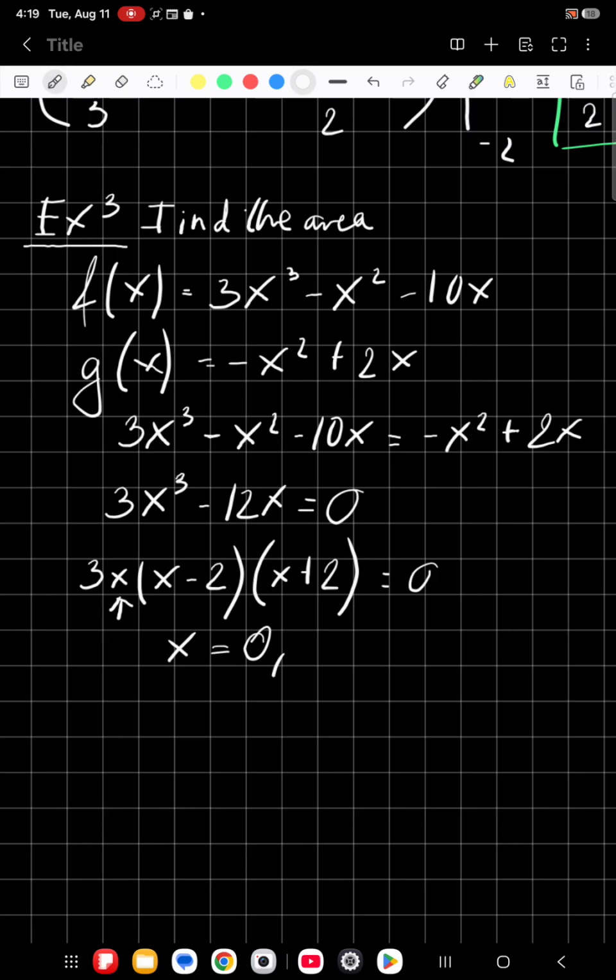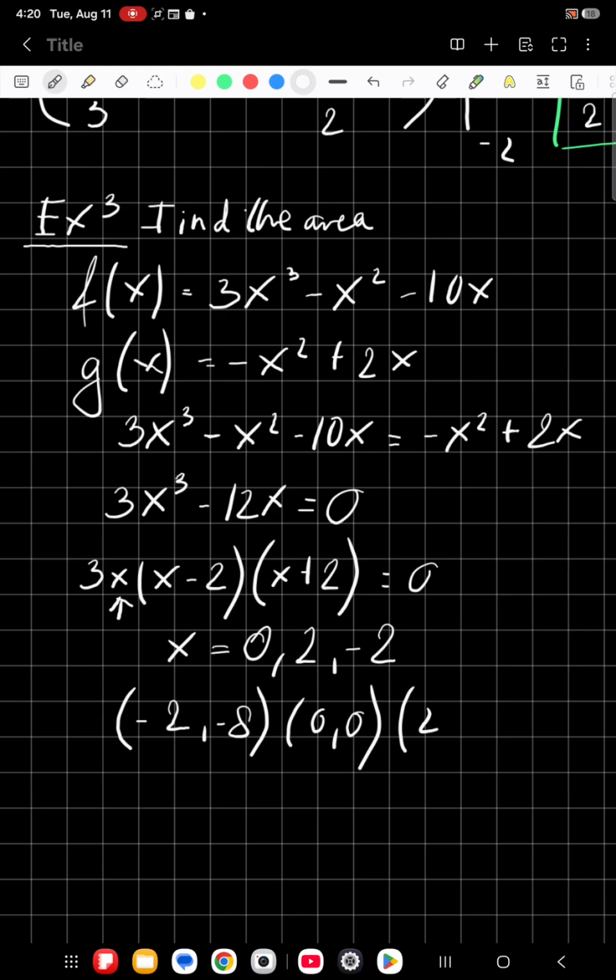So the x values are 0, 2, negative 2. Then I calculate the y values. So the points are negative 2, negative 8; then 0, 0, so the origin; and then 2, 0. These are the points of intersection.